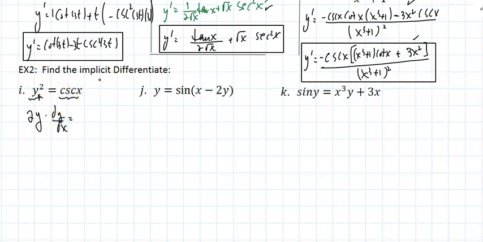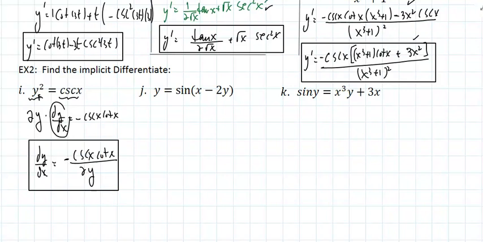Derivative of cosecant is negative cosecant of x cotan of x. Remember, you need to solve for dy dx. So dy dx would be negative cosecant of x cotan of x divided by 2y.